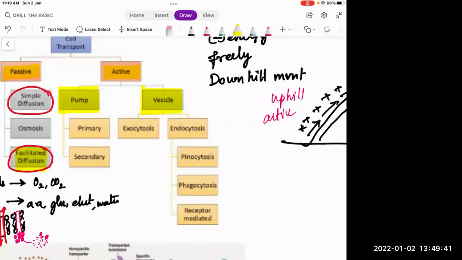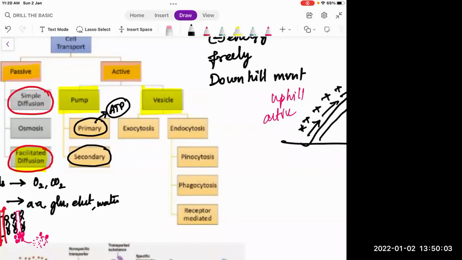So active transport basically has primary active transport and secondary active transport. Both active transport mechanisms, primary or secondary, require energy. In primary, most of the energy is expended in the form of ATP.